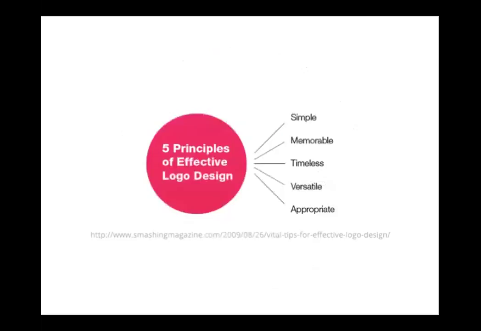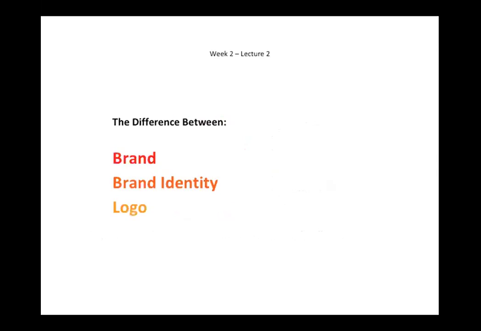It breaks down what simple means, what memorable means, with descriptions for each word shown here, so you understand a little better. Just make sure you're hitting upon these principles for your logo.